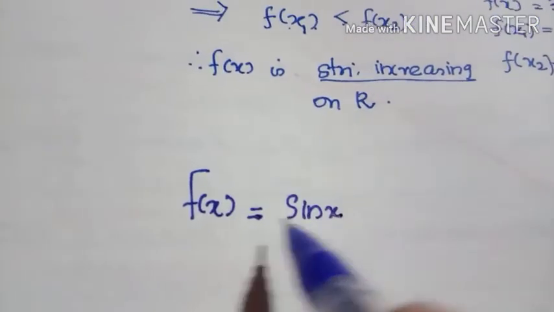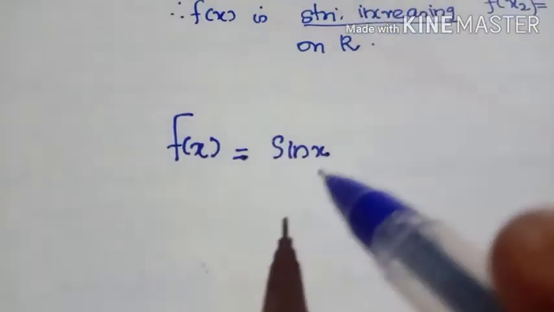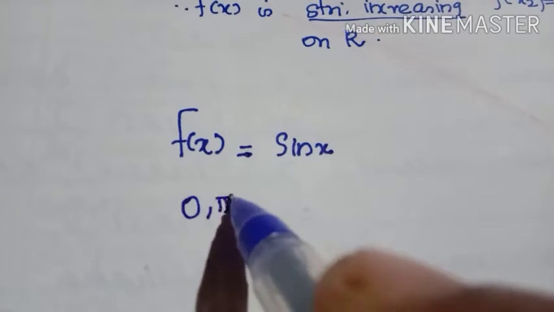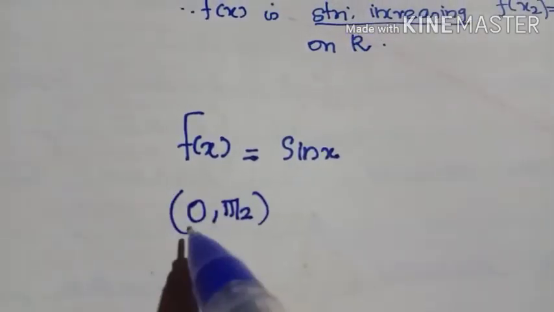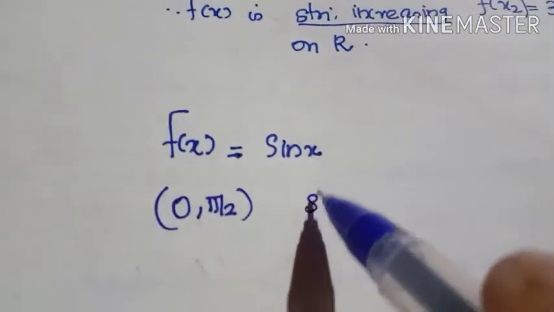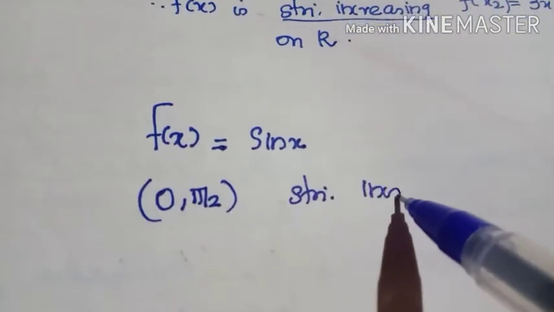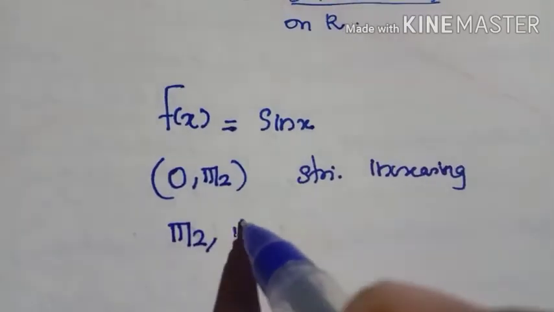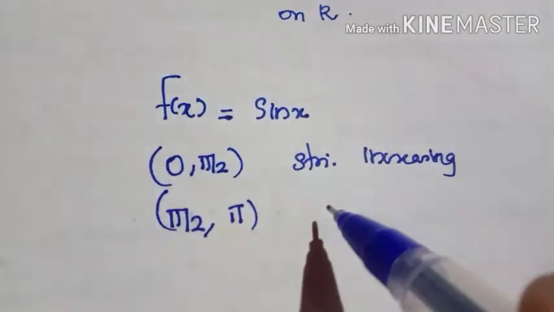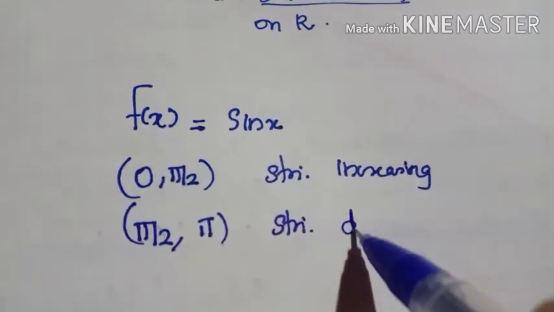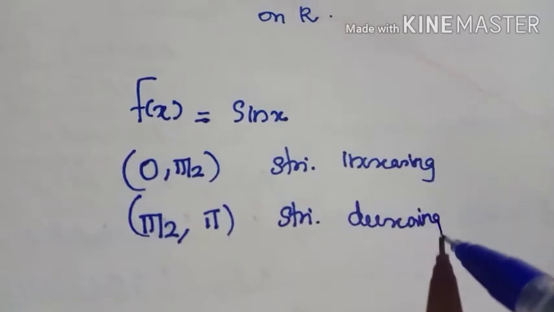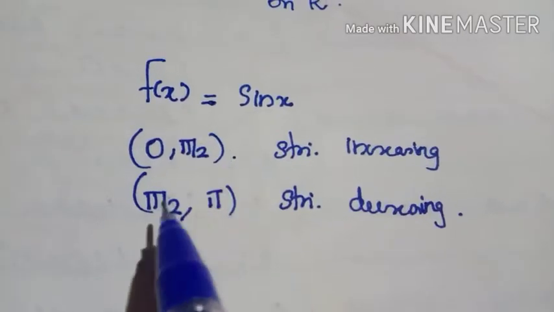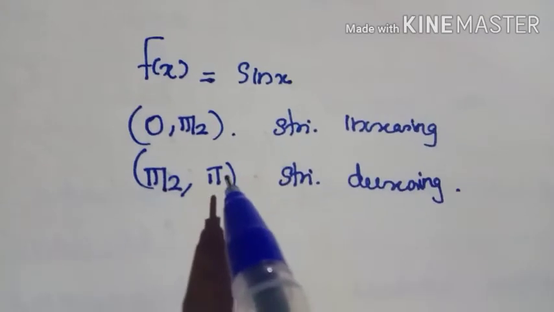In the open interval 0 to pi by 2, the given function is strictly increasing, and in the interval pi by 2 to pi, the given function is strictly decreasing. So in this question, intervals are defined: one interval is 0 to pi by 2 and another interval is pi by 2 to pi.